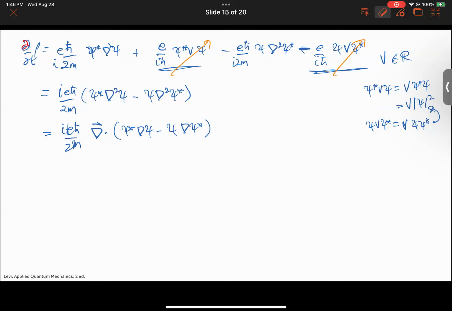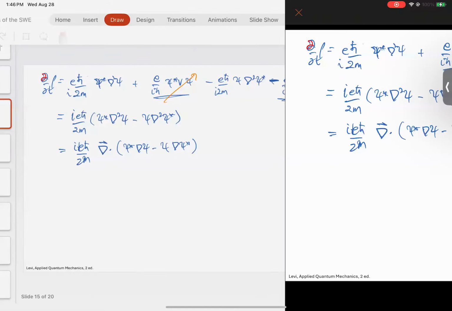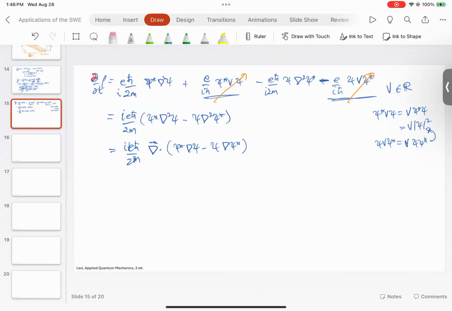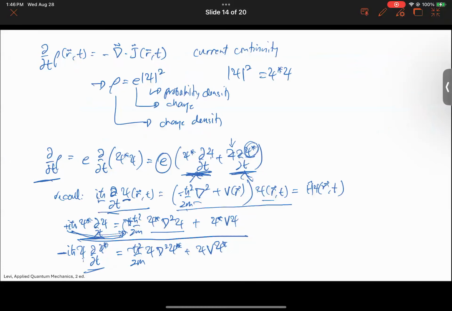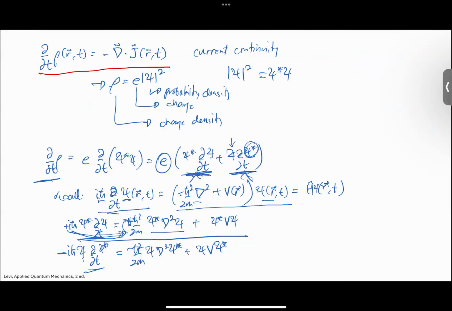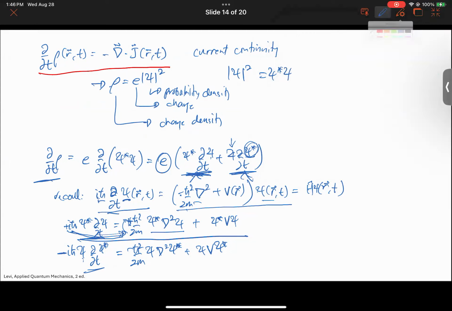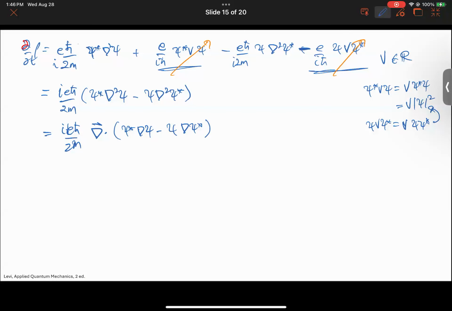And from this, we see that this is equal to negative del dot J. So the current density is equal to this.